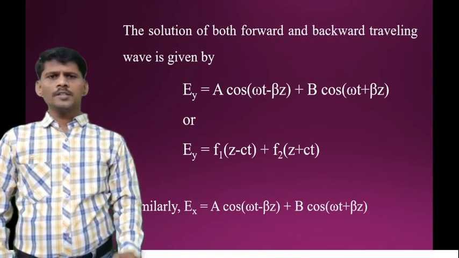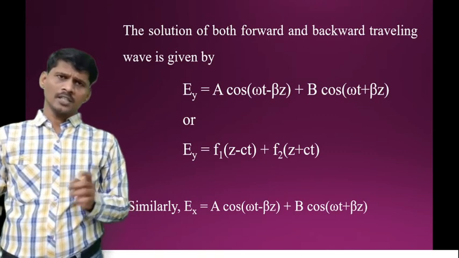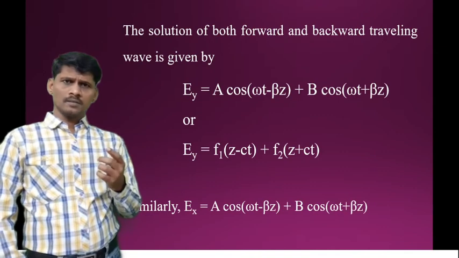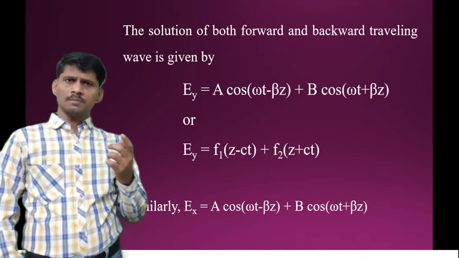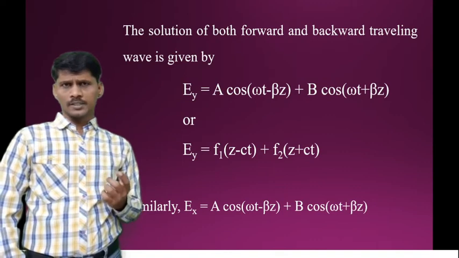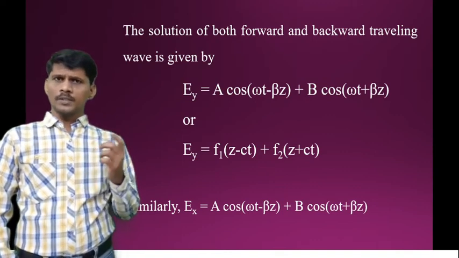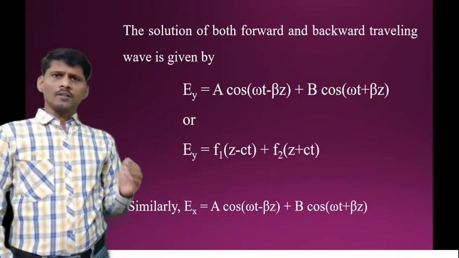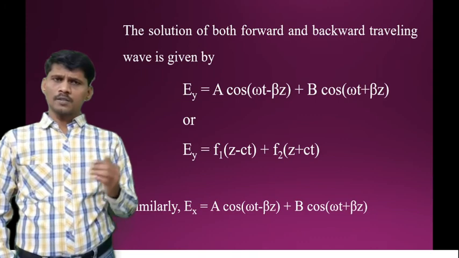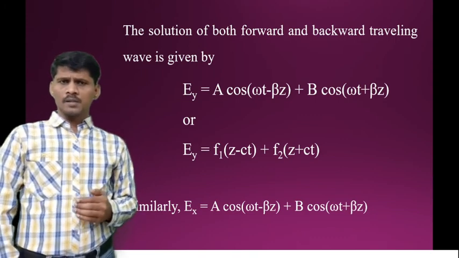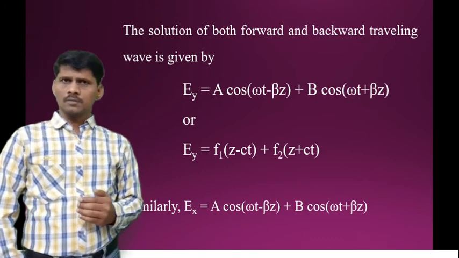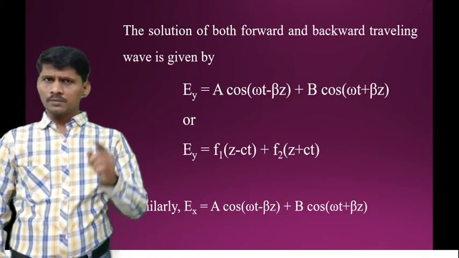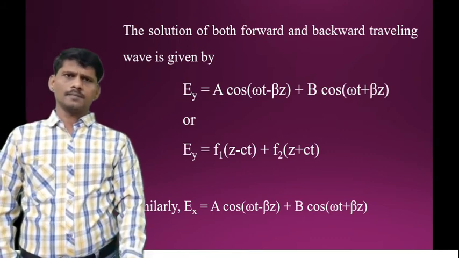Similarly, in sinusoidal terms, already discussed in trigonometric form, Ey = A sin(ωt - βz) + B sin(ωt + βz), where A and B are arbitrary complex constants. Similarly in cosine form, the general solution is Ey = A cos(ωt - βz) + B cos(ωt + βz), where A and B are arbitrary constants. The first term represents the wave traveling in the positive z direction, and the second term represents the wave traveling in the negative z direction.